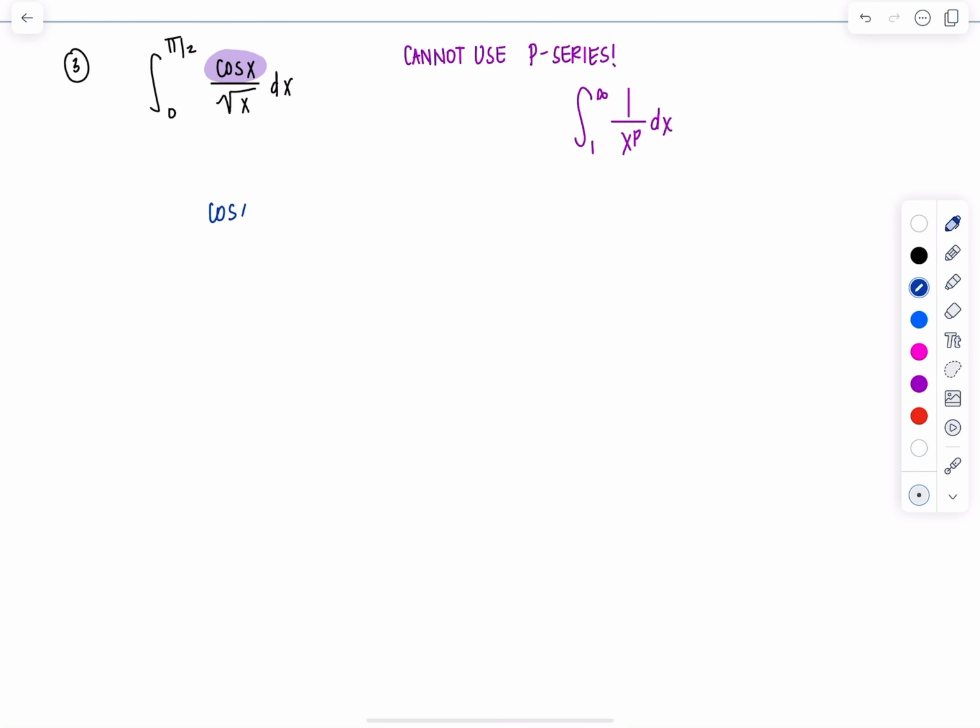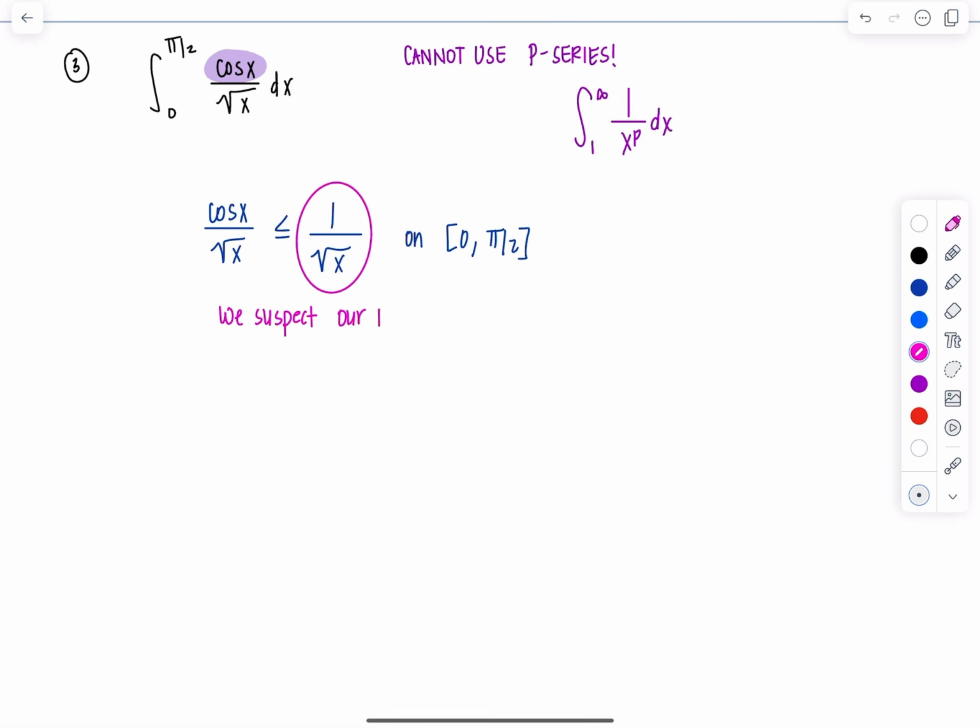So cosine x over rad x, I know that's less than or equal to 1 over rad x, right? Especially on the interval from 0 to pi over 2. And this is much easier for me to integrate. So already, can you tell what I'm suspecting? I just showed that the function whose integral I'm trying to evaluate is smaller than another function. So we suspect our integral converges.